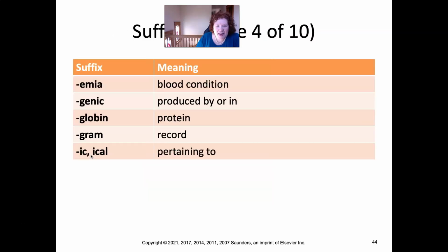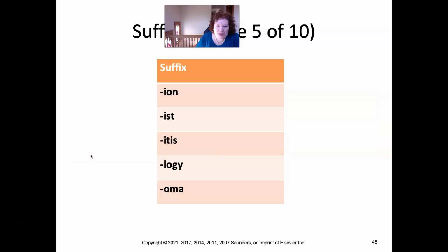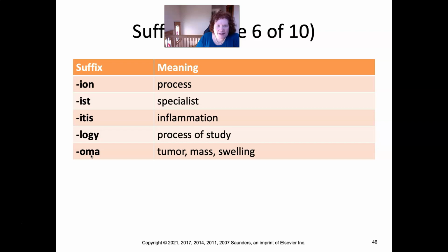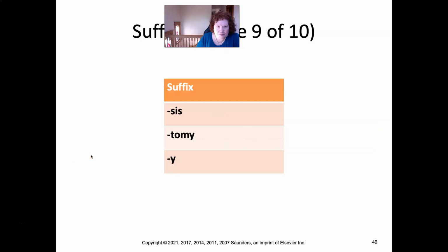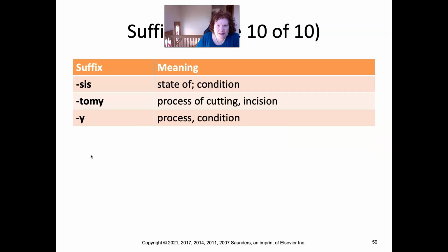-emia, -genic, -globin, -gram, -ical, and some more. -ion, -ist, -itis, -logy, -oma. -opsy, -osis, -pathy, -scope, -scopy. Cystotomy. All right, this is where I was talking about the difference between -ectomy and -otomy.